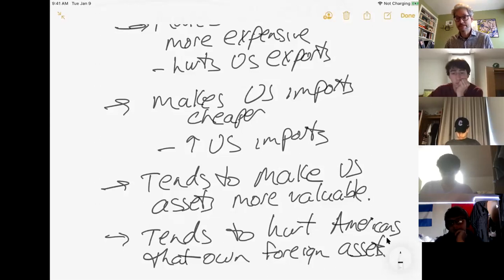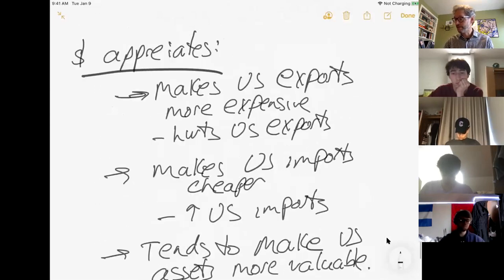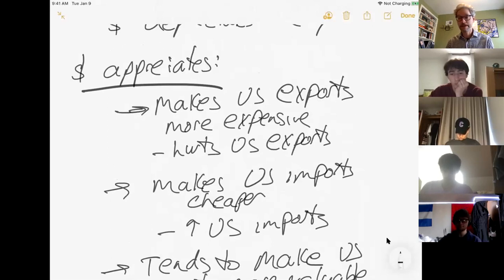In many cases, a depreciation of the dollar is quite welcomed, right? Because a depreciation of the dollar, if you turn this around, tends to make US exports cheaper. It tends to help US exports. So people in the export industry actually prefer what you could call a weaker dollar. They would prefer a lower dollar.